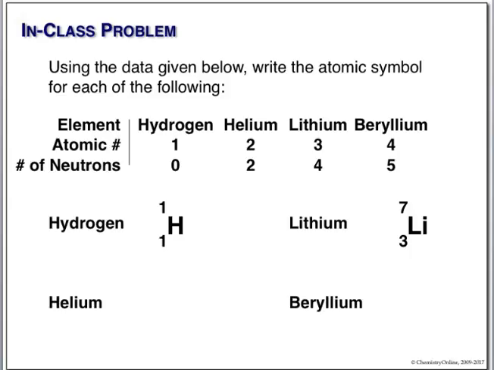Now helium. Helium is 2 protons, 2 neutrons. Symbol is He.